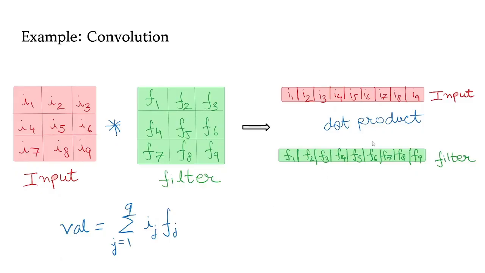So just as we thought of matrix multiplication as a collection of dot products, convolution also can be thought of as a collection of dot products, because this filter is slid over the whole input image. So we have many dot products which we have to do. And the same kind of logic holds true for convolution as well: if the problem sizes are big enough, then we can be in the compute bound regime.